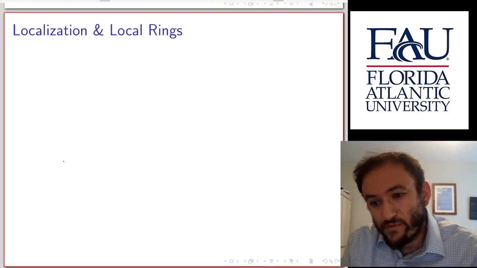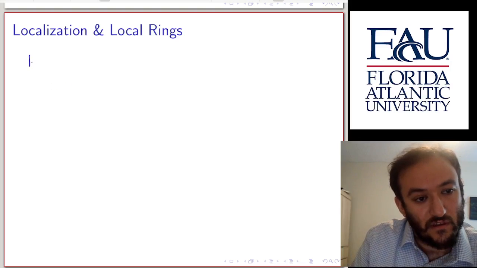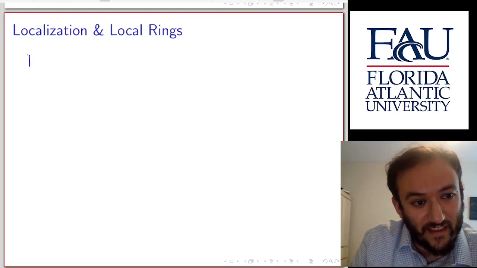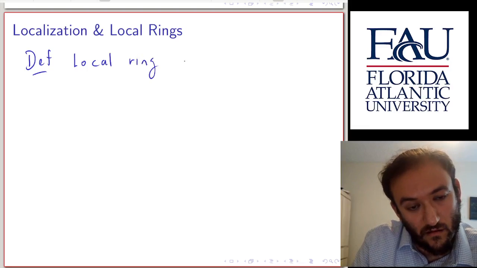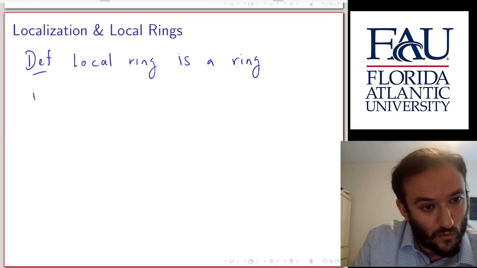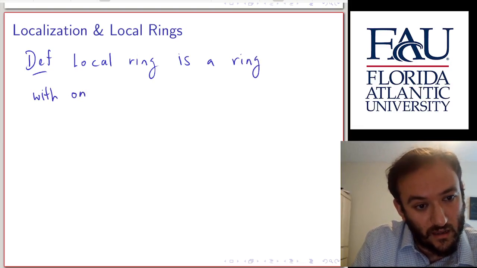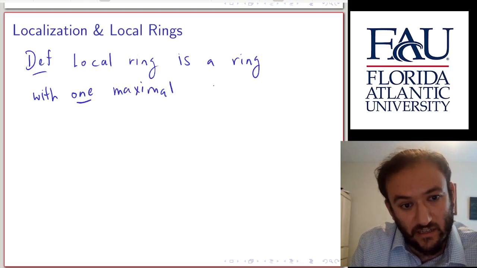Okay. So why are we using the word localization? So the terminology comes from the fact that we have an object called a local ring. So a local ring is a ring with one maximal ideal. So exactly one maximal ideal.